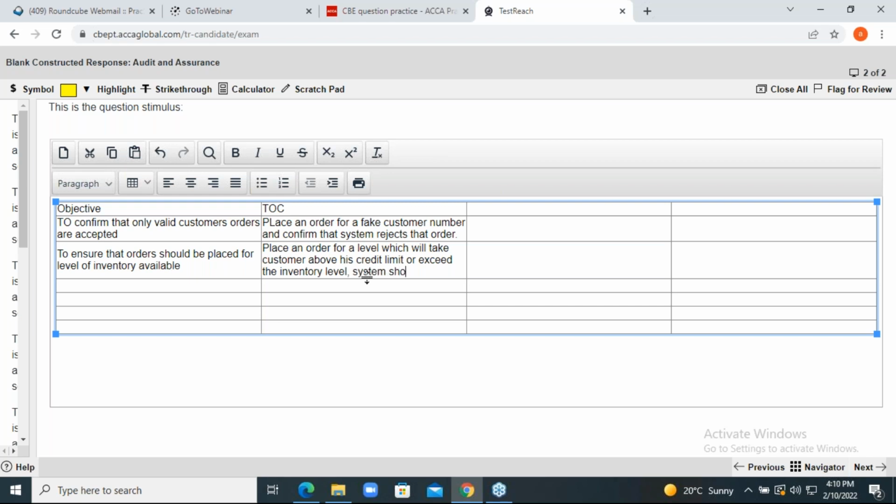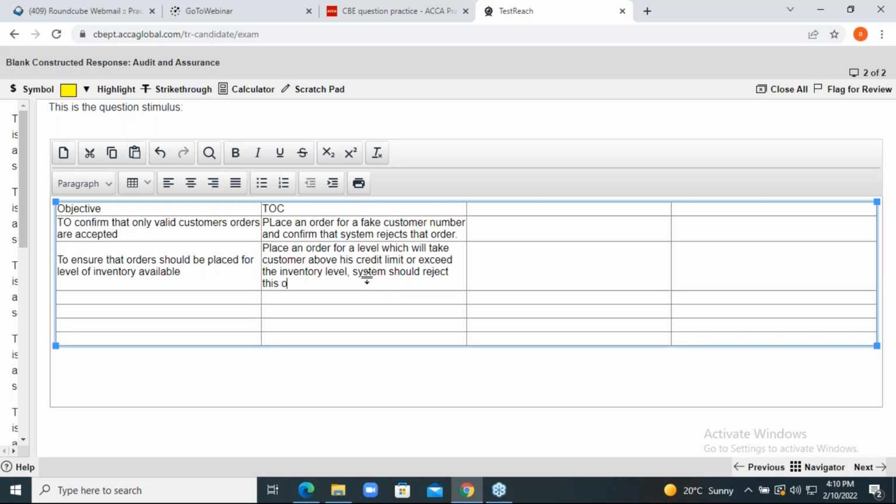The system should reject this order. So if this order is successfully rejected by the system, this means that the system is working strongly and efficiently, and any order which is a risk for the organization cannot be entered, because the system itself is sustainable and self-governed, and it has artificial intelligence to identify valid customers and valid orders.